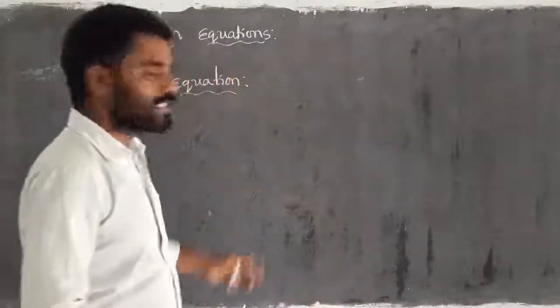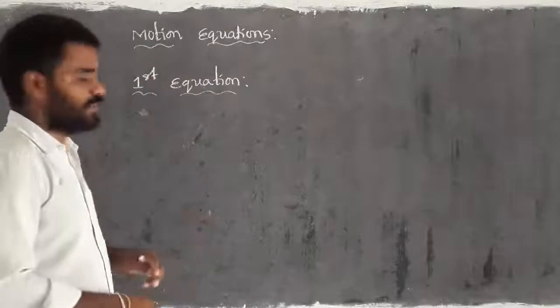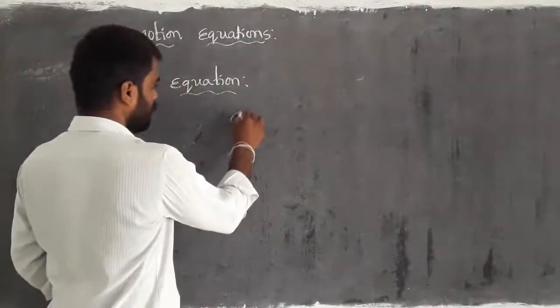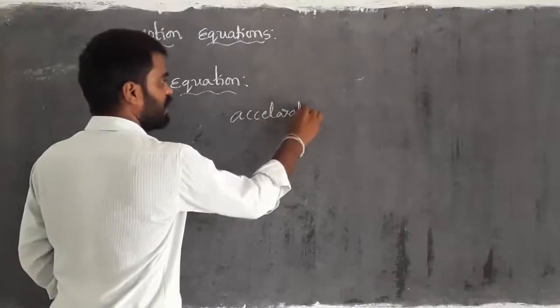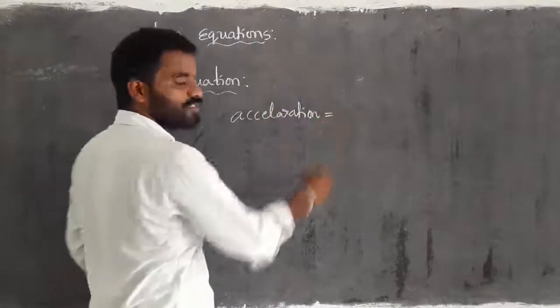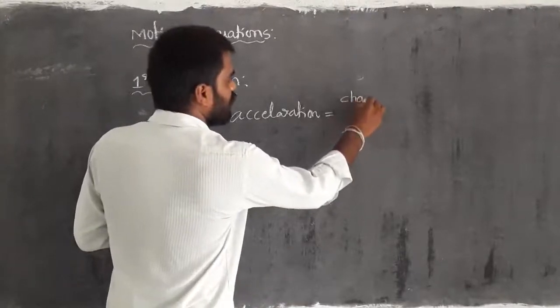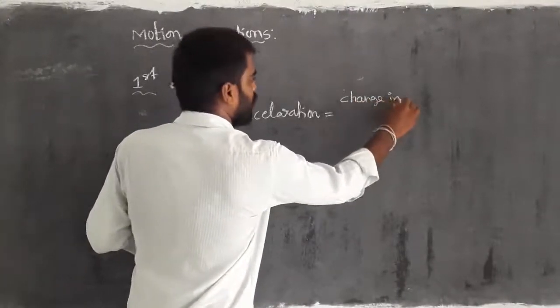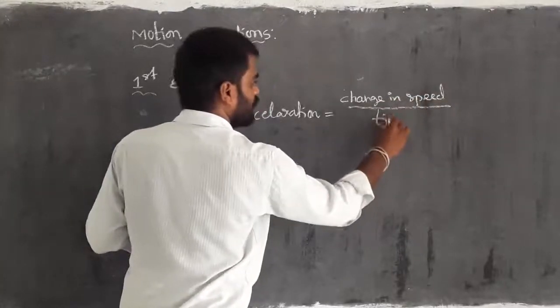Now we have to discuss the first motion equation, or first kinematics equation. It is based on acceleration. Acceleration is simply the change in speed by time.